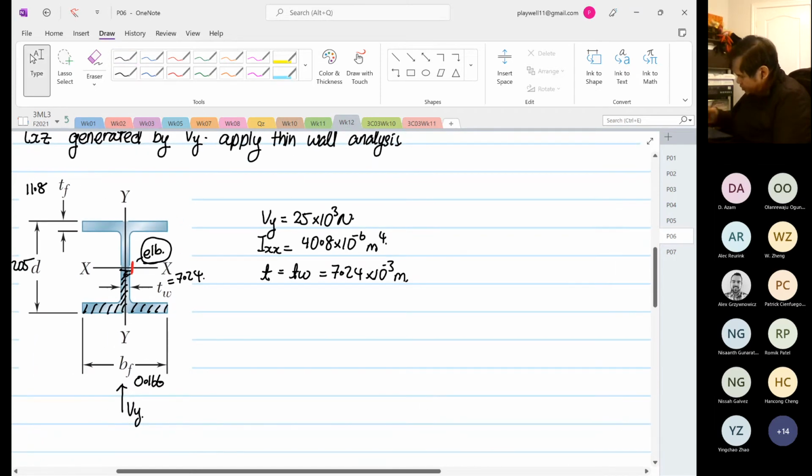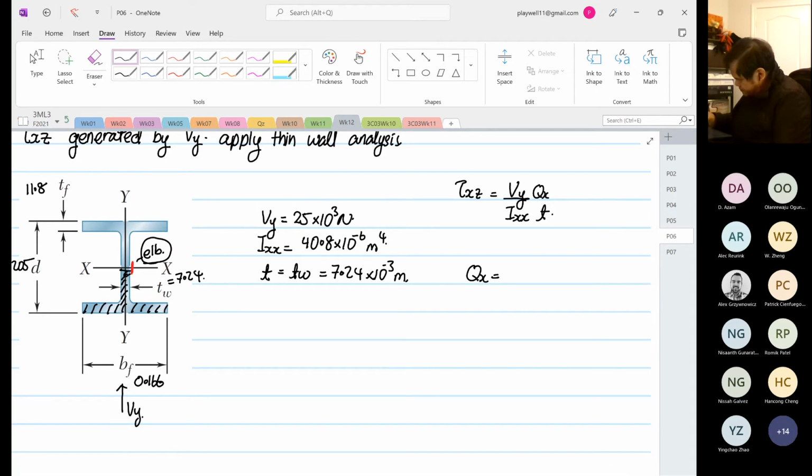So we want to find Q. You have to write out the formula first. The shear in XZ is equal to Vy over Ixx times Qx divided by T. So Qx is equal to A times y bar.